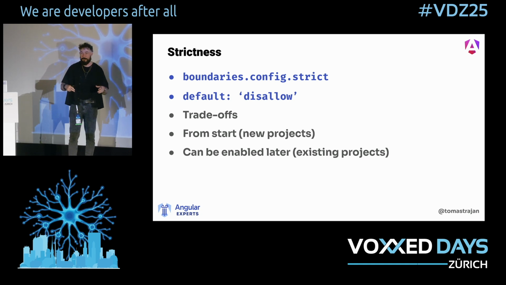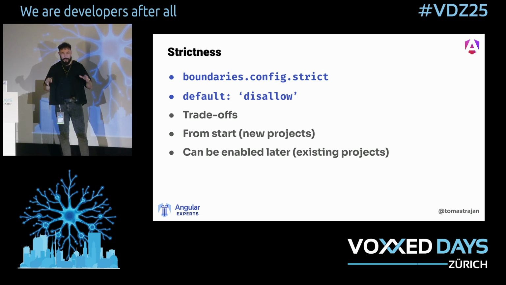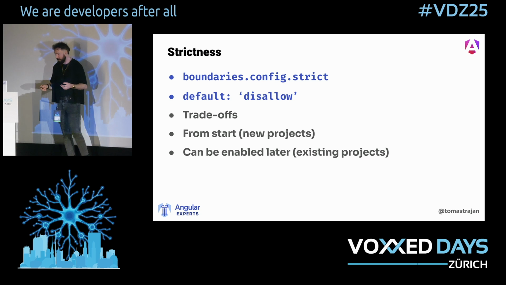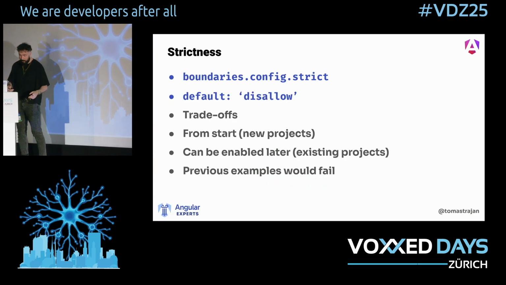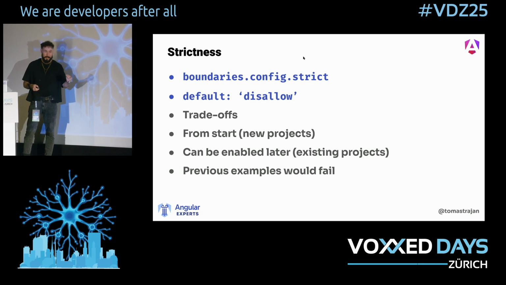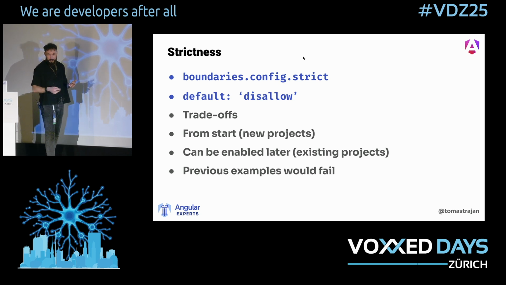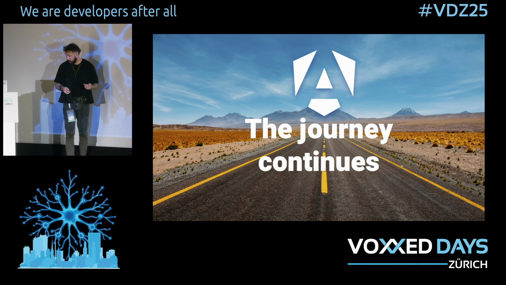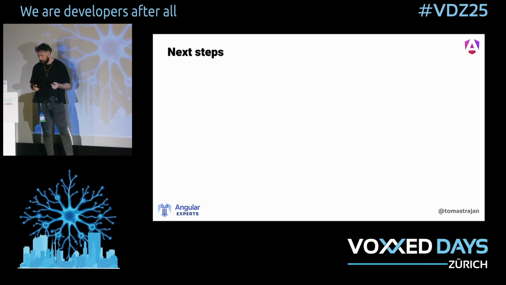And at some point, you have types for everything, and every single source file was accounted for, and then you can enable the strictness. That also means that if we added that strictness, this example which we are building until now would fail because we didn't account for app.component.ts and main.ts, right? So that would fail. All right, so the journey continues.